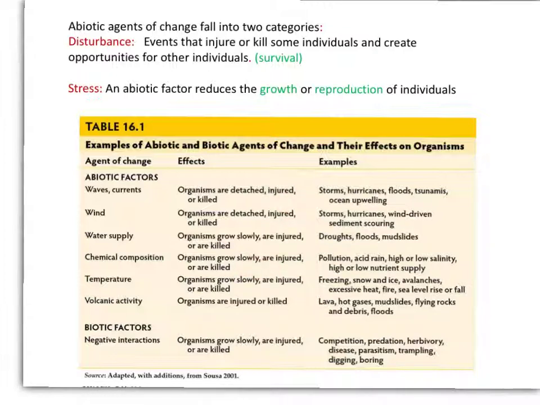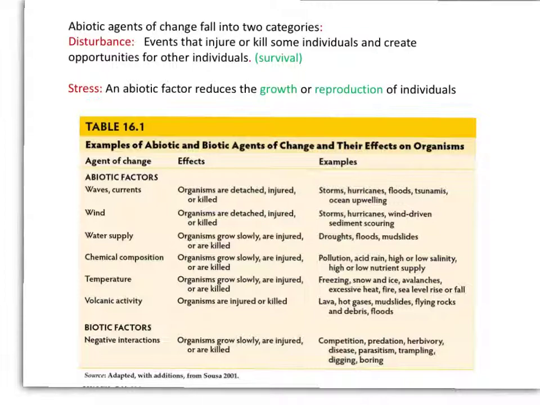And things like hurricanes, floods, tsunamis, droughts, mudslides, pollution, acid rain, freezing snow, ice, avalanches, hot gases, mudslides. And then we've got biotic factors down here that can cause negative interactions for some species: competition, predation, herbivory. Okay, so all of these are examples of abiotic and biotic agents that can affect organisms within ecosystems.